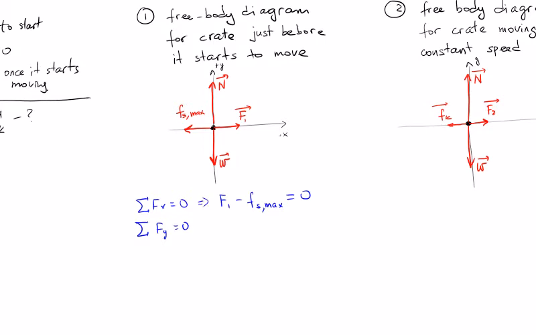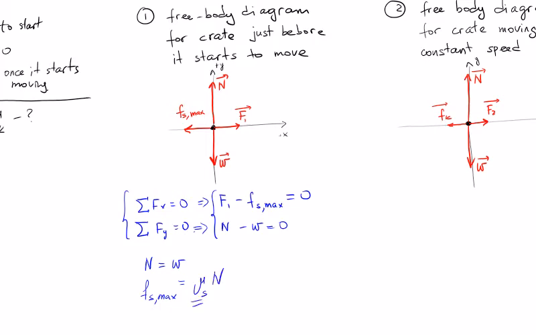For the y-axis, we have normal force minus the weight equals 0. Now from the second equation, normal force equals the weight, and we know that the maximum value of the static friction equals mu s times the normal force.